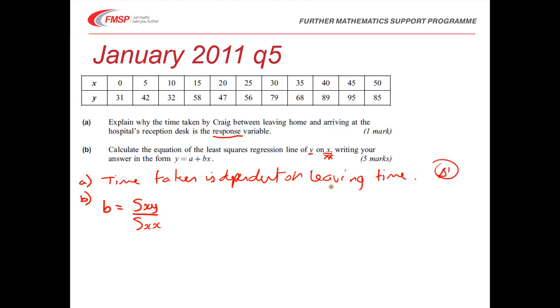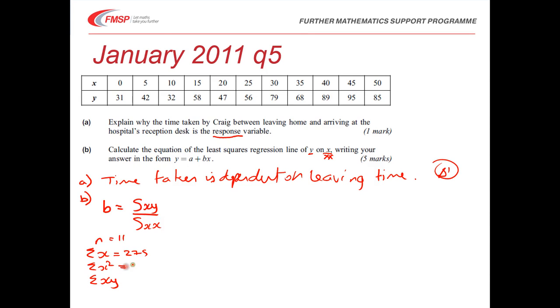Again, you can just type these into your calculator and get a lot of the values that you require. To do this, we need to have calculated sum of x squared, sum of xy, and n. N is 11. If you add up all of your data, that gives 275.